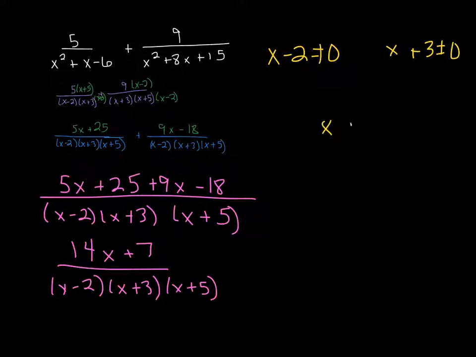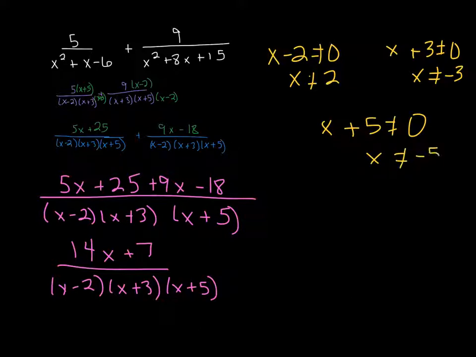And x plus 5 cannot equal 0. So when we add 2, we get x cannot equal 2. Subtract 3, x cannot equal negative 3. Subtract 5, x cannot equal negative 5. So x cannot equal negative 5, negative 3, or 2.